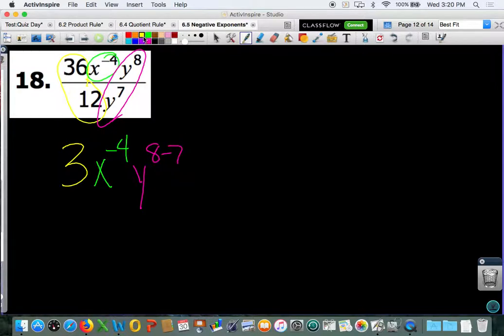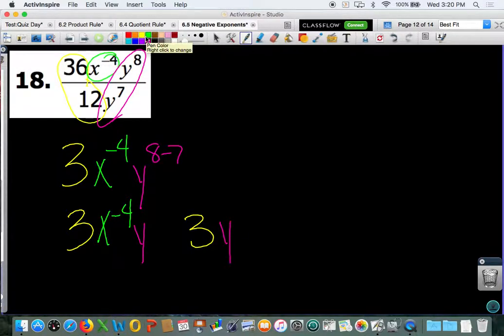Okay, so I've got 3 x to the negative 4 and y. Now the only thing that needs to be taken to my denominator is x to the negative 4. So I'm left with 3y over x to the 4.